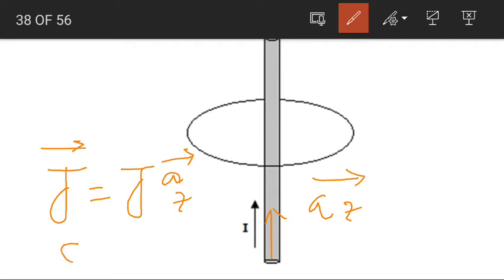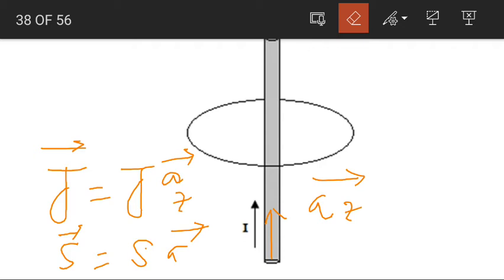So we can represent the cross-sectional area of this conductor as a vector quantity, and it will be equal to S Az.